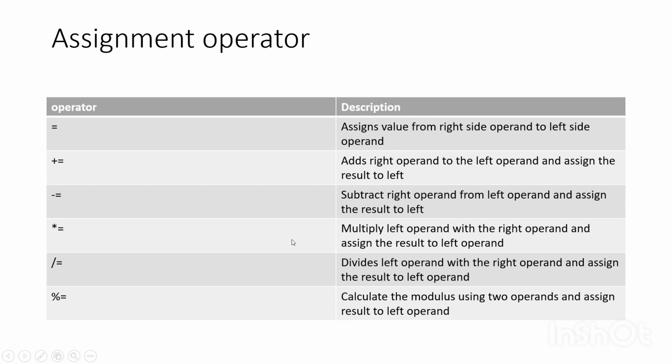Then the next one multiplies the left operand with the right operand and assigns the result to the left operand. Then divide equals to divides the left operand by the right operand and assigns the result to the left operand. Then modulo equals to calculates the modulus using the two operands and assigns the result to the left operand.